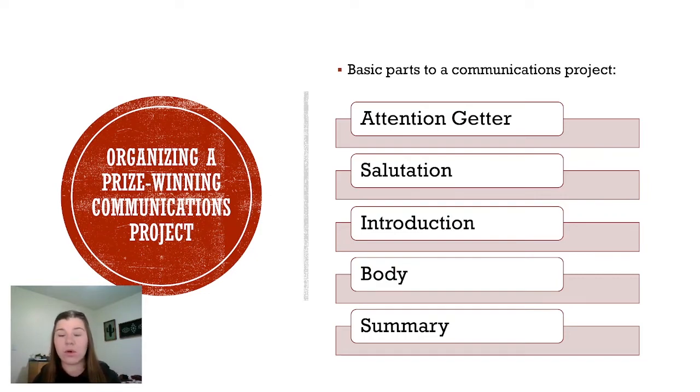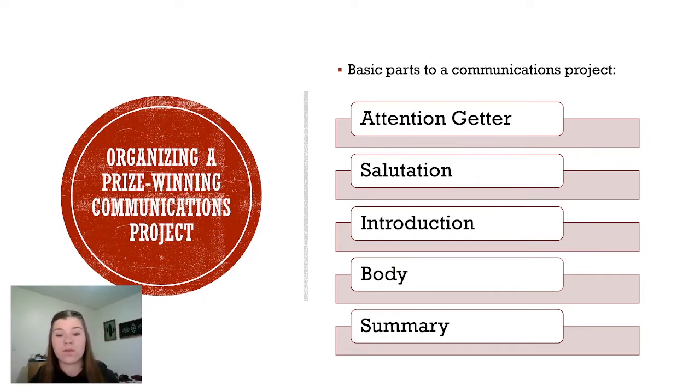But if you don't organize your thoughts and your research and all your other substance that you've gathered in a really good way, you can easily lose your audience, you can lose the judges, and your delivery and presentation won't be near as strong as it could be if you organize it in a really professional and clear format.